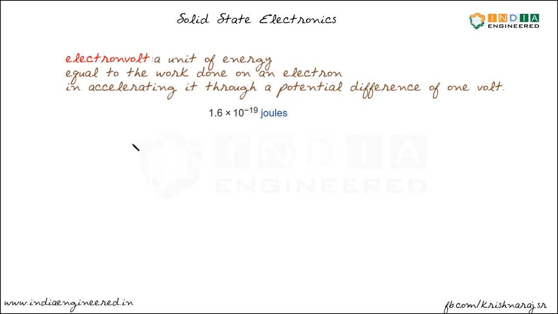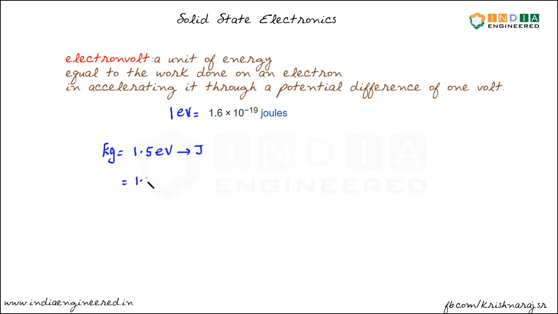So we will be using electron volt as the preferable unit of energy, and 1 electron volt is equal to 1.6 into 10 power minus 19 joules. So the conversion from electron volt to joules is really easy. Let's say the value of energy gap is 1.5 electron volt. In order to convert it into joules, all we need to do is multiply it with 1.6 into 10 power minus 19.